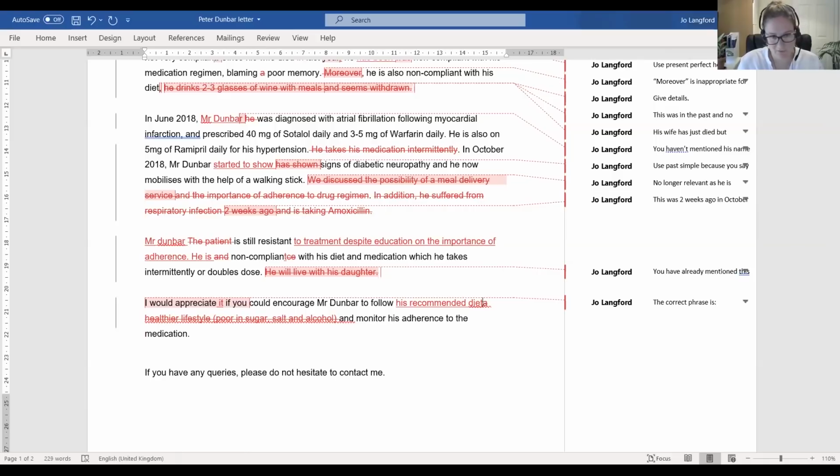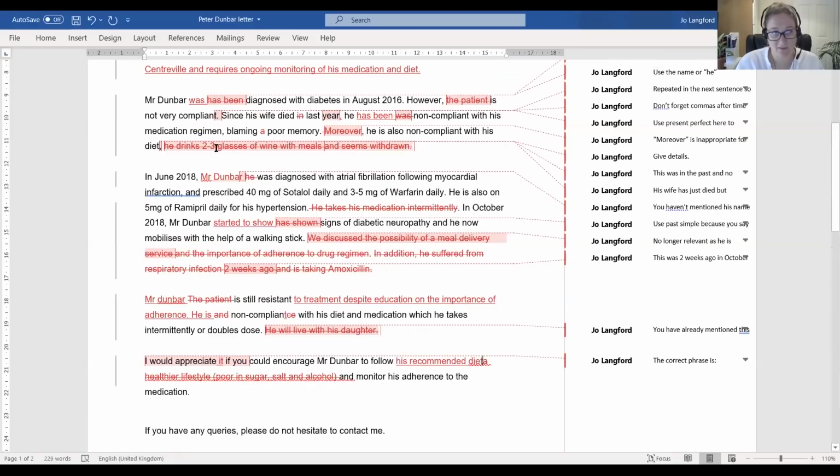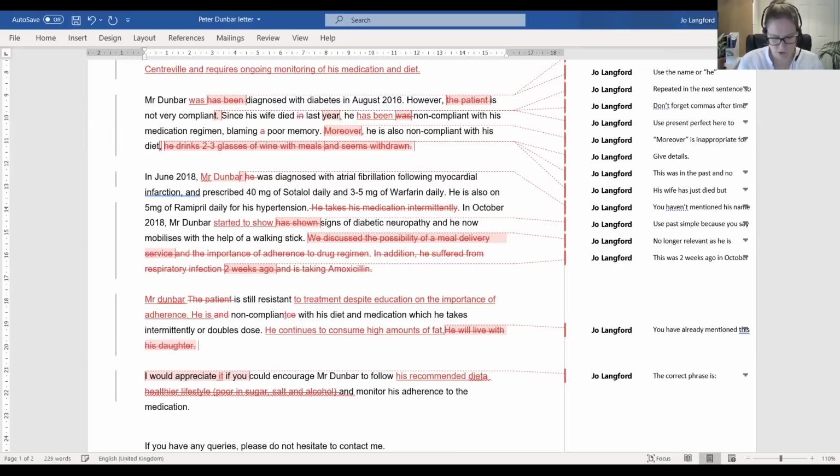Okay, and monitor his adherence to the medication. Yeah, I think that's fine. I think if we were going to add details about his diet, as I said before, we could add it here. We could give the details here, or we could add it here. So he continues to consume high amounts of fat, sugar, salt and alcohol.